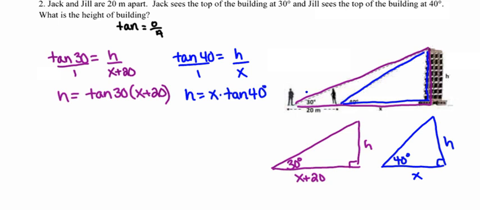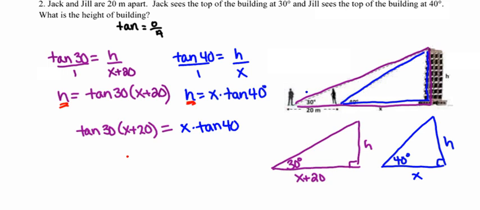Now this, folks, is where things really start to get fun. I've got h equal to one thing over here, but something different over here. So I'm going to do a little substitution. The value of h in purple, which is equal to tangent of 30 degrees times the quantity x plus 20, is equal to the value of h that I have for the blue triangle, or in other words, x times tangent of 40.